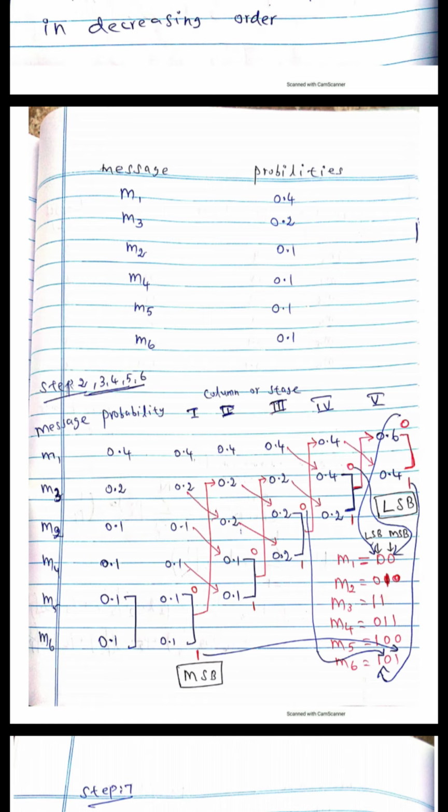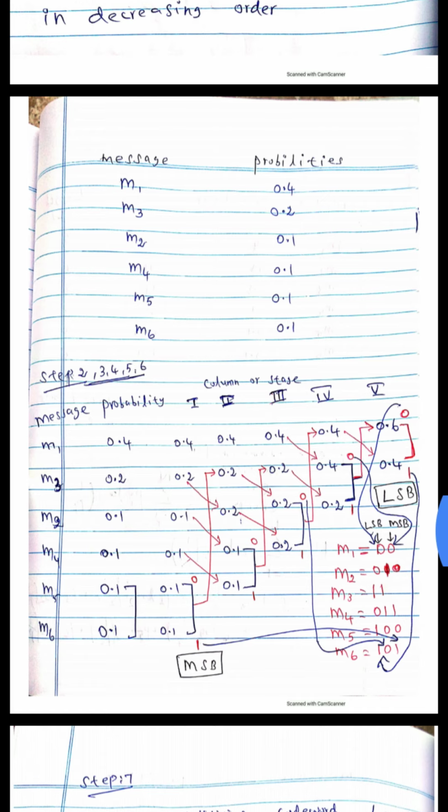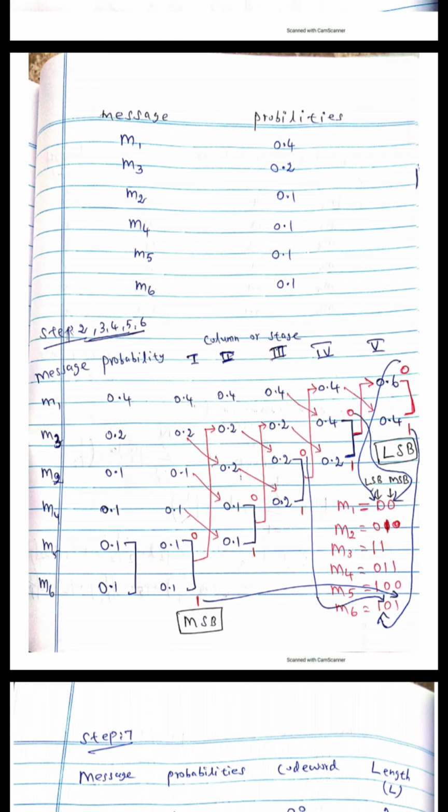Next, combine the last two, the least values, that is m4 and m2, 0.1 and 0.1. Now assign 0 to the m2 message and 1 to the m4 message. The summation of these two is 0.2.